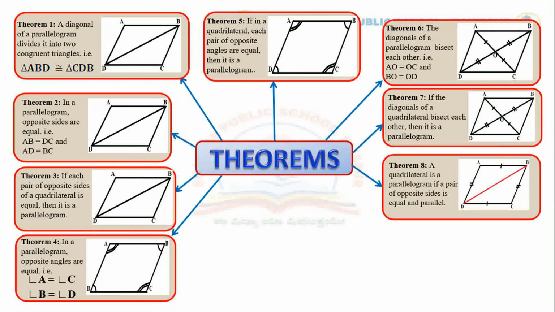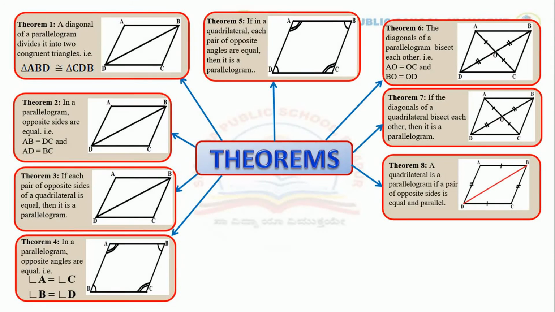Theorem 8. A quadrilateral is a parallelogram if a pair of opposite sides is equal and parallel. So, ABCD is a quadrilateral and it is given that AB is equal to DC and AD is equal to BC. And to prove this, we have joined the diagonal BD, and we can prove that triangle ABD is congruent to triangle CDB by SSS congruency rule.